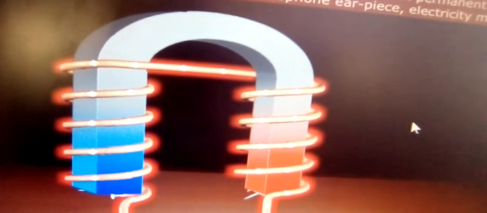Even if you switch off, current stops, but it remains with its magnetism. So that is for a hard magnetic material. But what I want you to understand here is that current flowing creates a magnetic field, and that field has exactly the same property as that of a magnet.